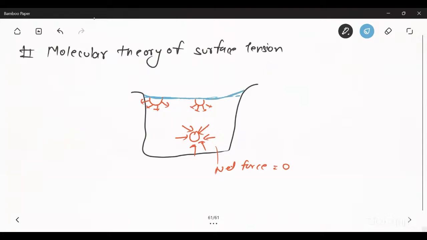That's why the liquid surface has a surface film like that, with a small curve in the surface, because the molecules in the surface experience only a net downward force, not an upward force. But the molecule in the bulk experiences force from all directions, so the net force on it is zero.